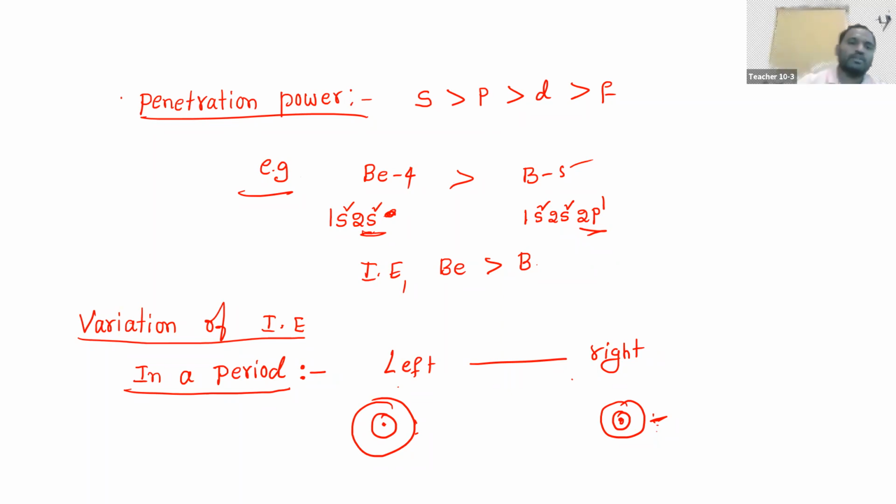Atomic radius decreases, so ionization energy increases.